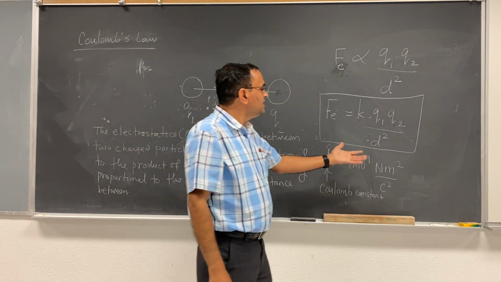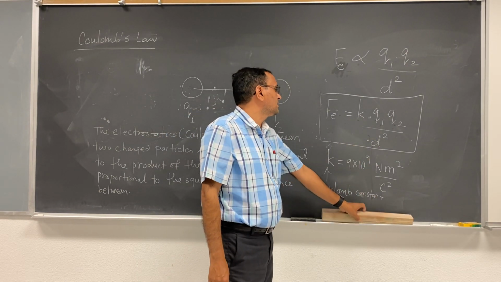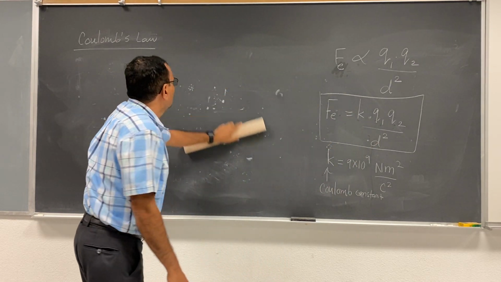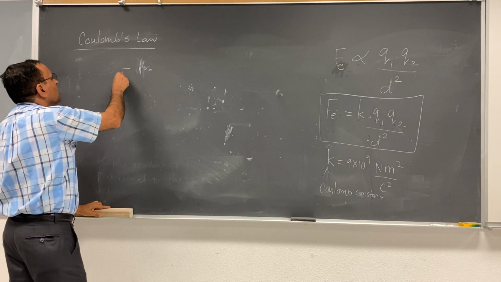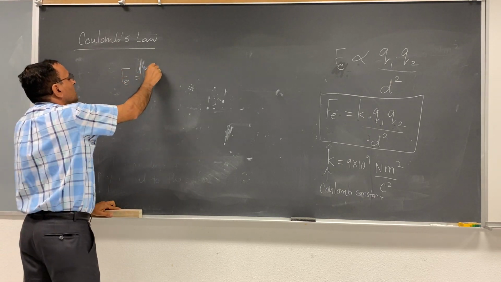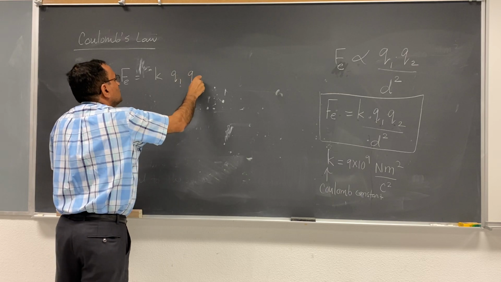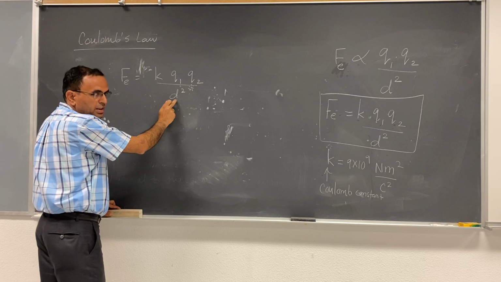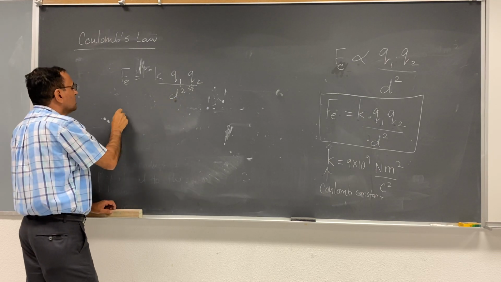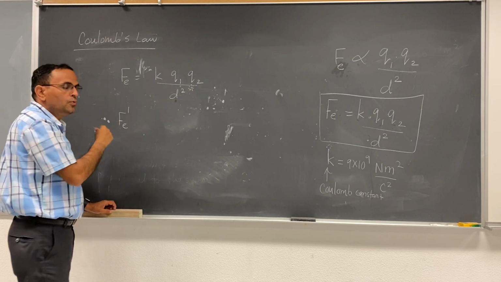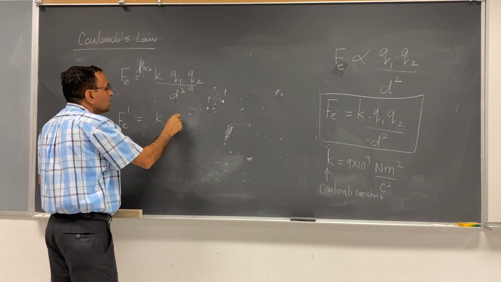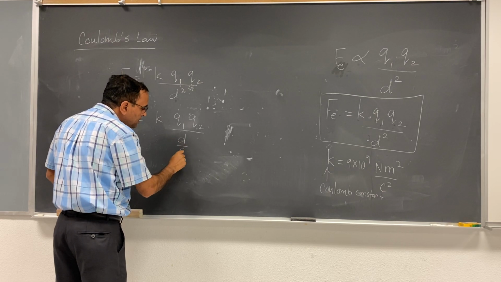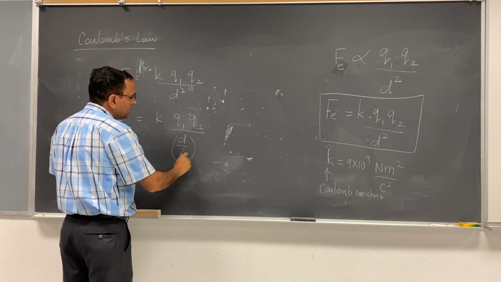If you cut the distance into half, what happens in that case? Look at this. Initially you have F E equal to K Q1 Q2 divided by D square. Now if you make it D divided by 2, cut the distance into half, this means F E prime, new force, is K Q1 Q2, and you have to square D divided by 2.